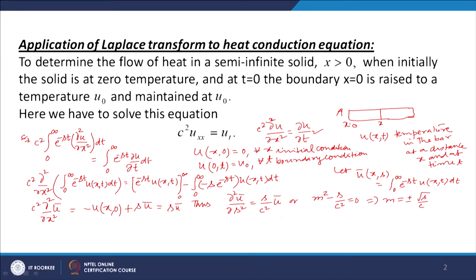Okay, so we have u bar(x,s). u bar(x,s) will be some constant which will depend on s into e to the power x root s by c plus b times e to the power minus x root s by c.